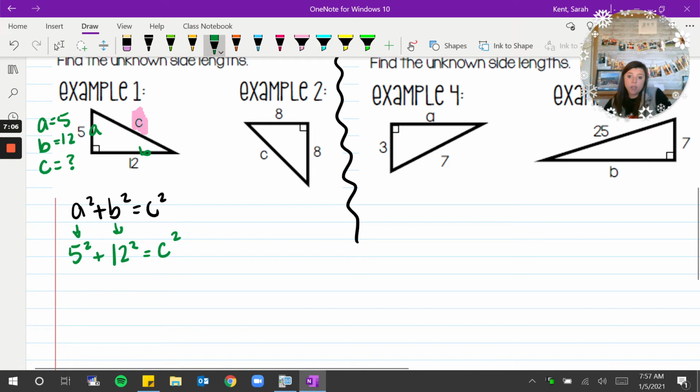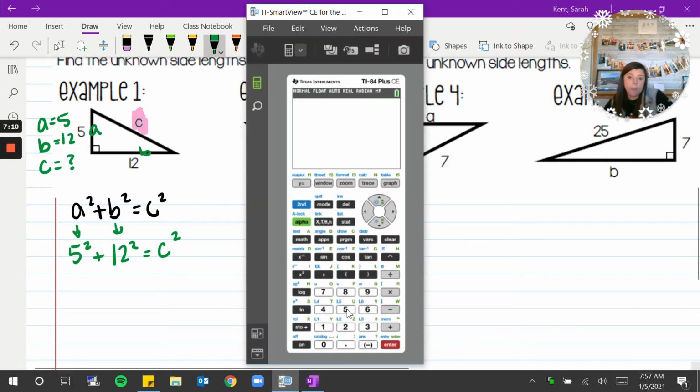So here I can go through and work this out. I can say, okay, what is 5 squared? I can go to my calculator and press 5, and to get this squared, you use the x squared button. When I press enter, I get that 5 squared is 25.